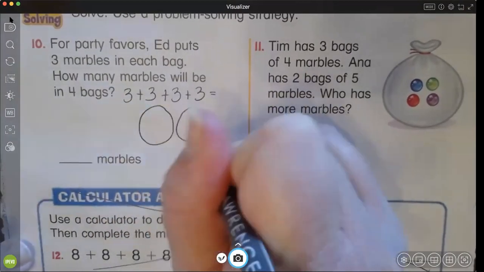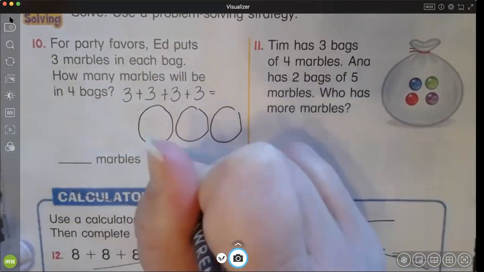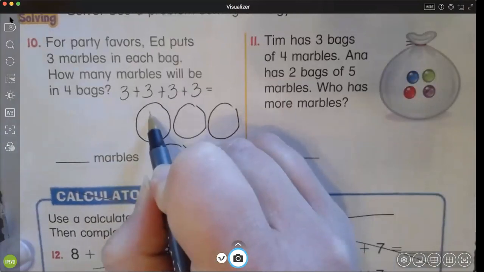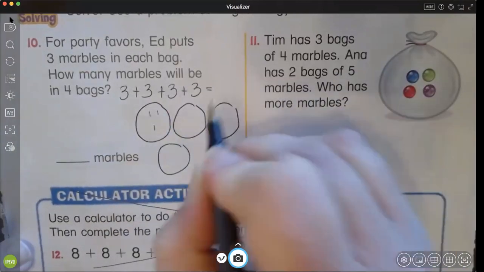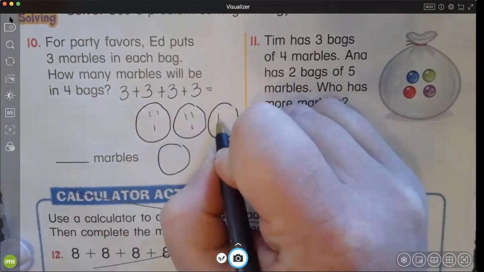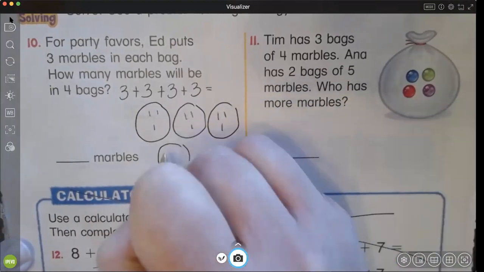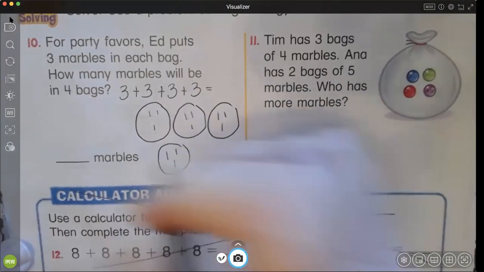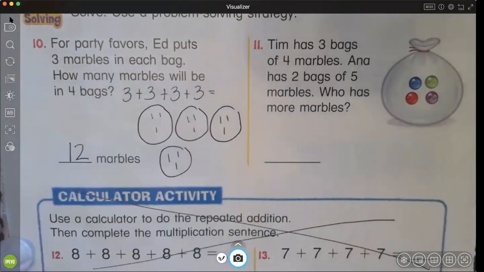We're going to draw 4 bags here. Okay, and then we're going to count 1, 2, 3, 4, 5, 6, kind of looks like a face, 7, 8, 9, 10, 11, 12. So he's going to need 12 marbles.